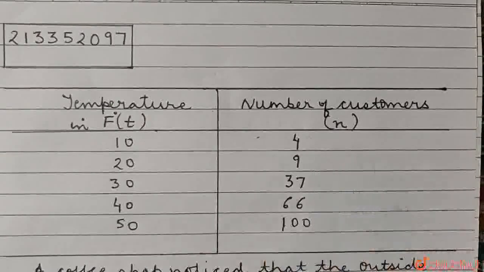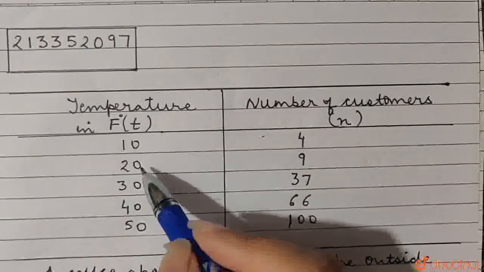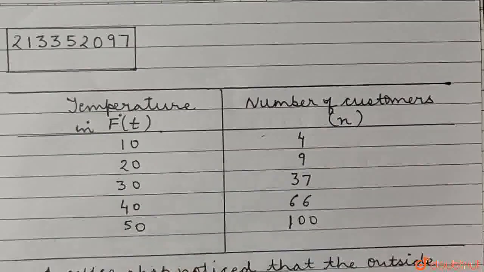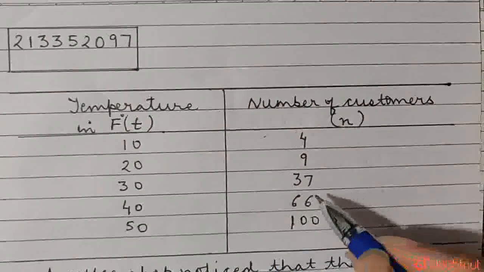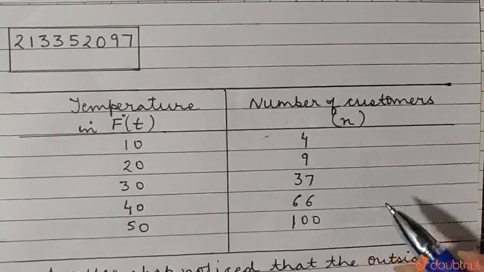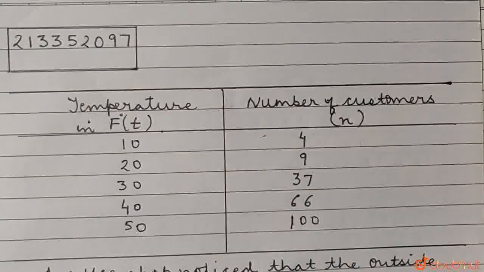That means 9 minus 4, 5. But again, as temperature increased again by 10, that means it reached 30, the customers increased by 37 minus 9, that is 28.